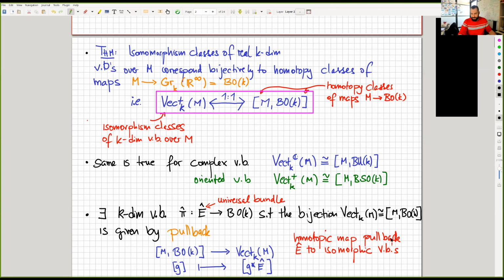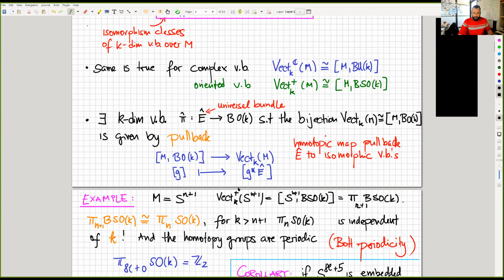So homotopic maps pull back E hat to isomorphic vector bundles. So if you know your universal vector bundle and you know your map G, you can reconstruct more or less any vector bundle over your manifold.